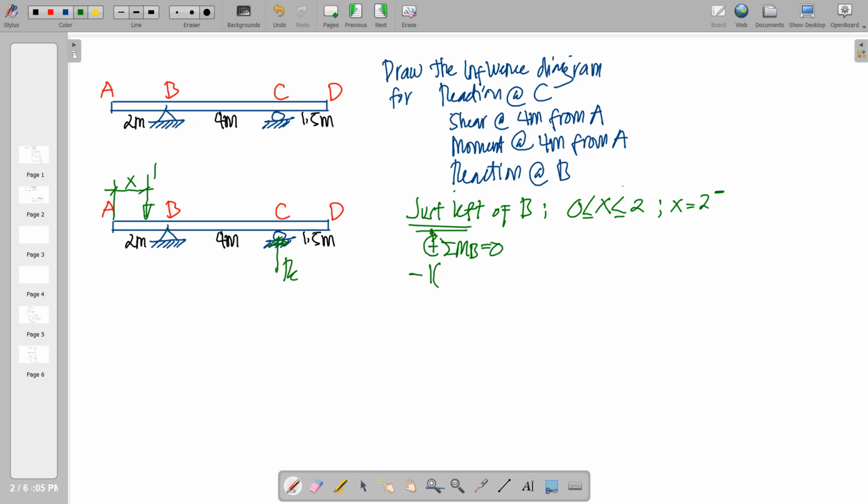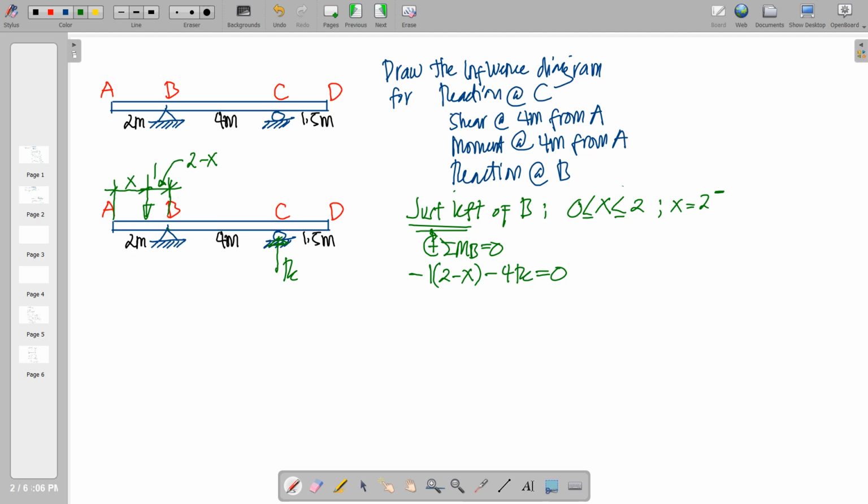The distance of 1 from B is 2 minus X. So -1 times 2 less X. And then we have the reaction at C that is also counterclockwise. So that is -4 times RC is equal to 0.